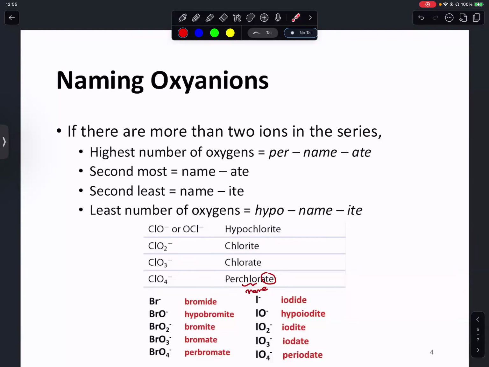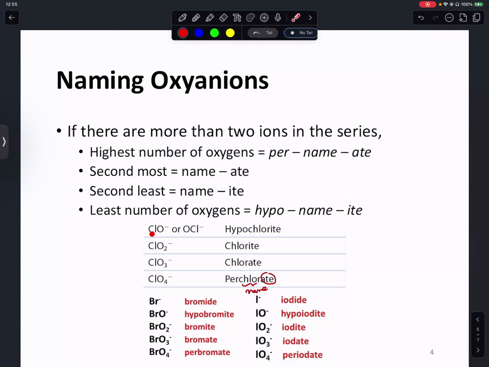And then for the least number of oxygens, in this series, we have 1. So for one oxygen, think about it as deficient or lacking. So we add the prefix hypo at the beginning, followed by the name, and then finally ite at the end.